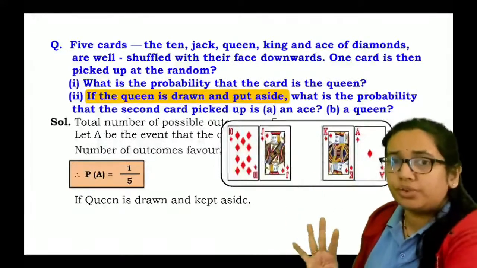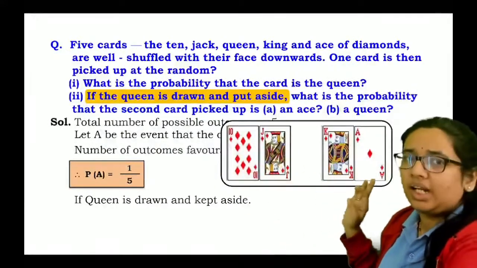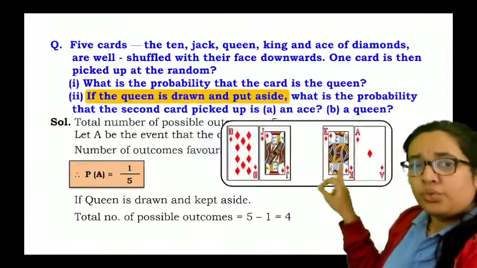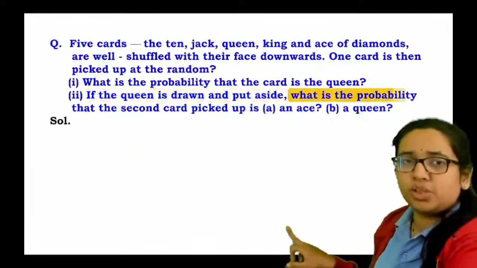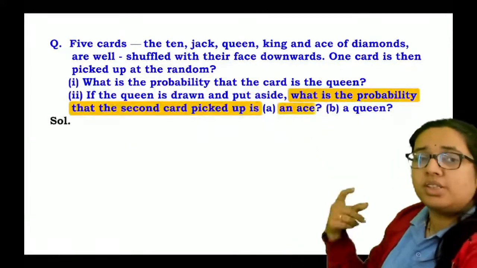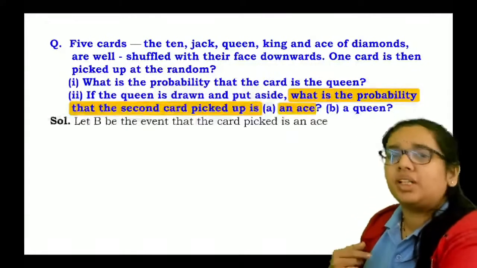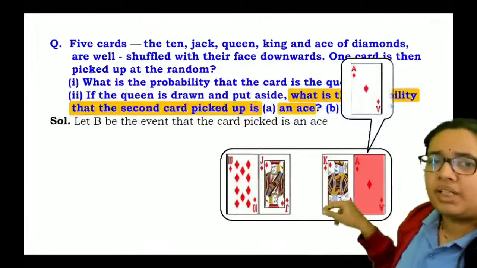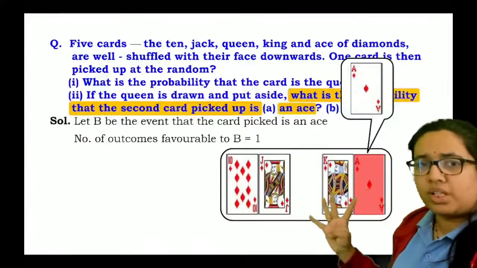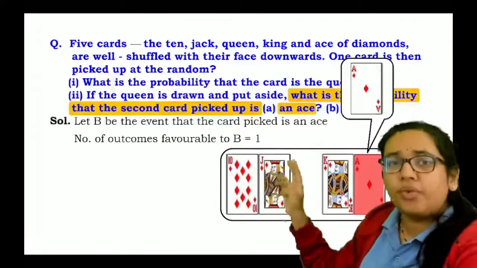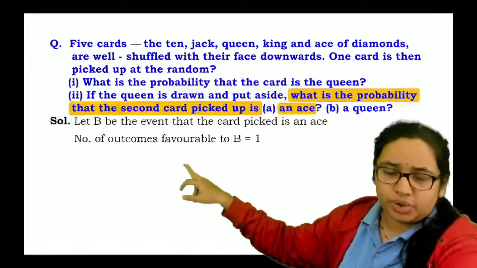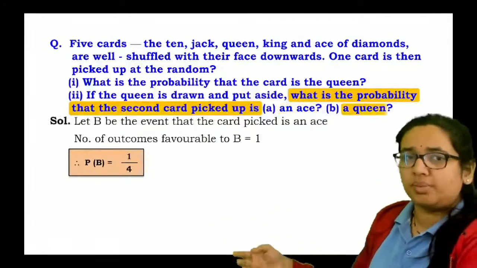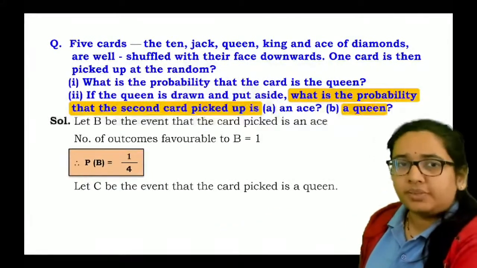There will be only four cards: 10, jack, king and ace of diamonds. So the number of possible outcomes will be 4 only. We have to find the probability that the second card picked up is an ace. So let A be the event that the card picked is an ace. There are a total of 4 cards and only one of them is favorable to this event. Therefore, the number of favorable outcomes will be 1. Hence, the probability of A is given as 1 upon 4.